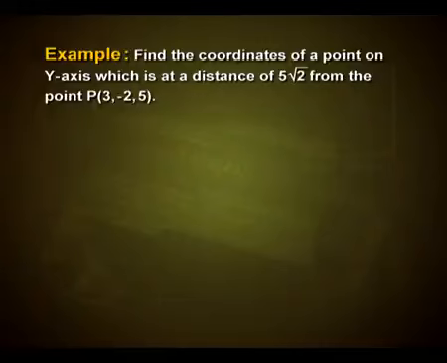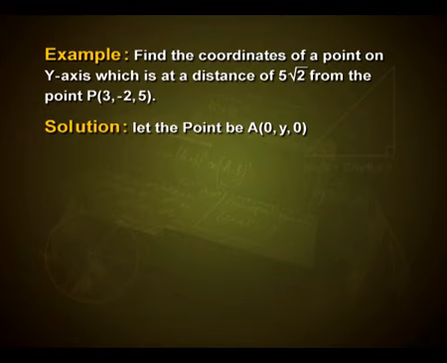Let us look into one more example. Find the coordinates of a point on the y axis which is at a distance of 5 square root 2 from the point P(3, -2, 5). Now, let the point be A, that is (0, y, 0), which is on the y axis. Then we are also given that AP is equal to 5 into square root 2.